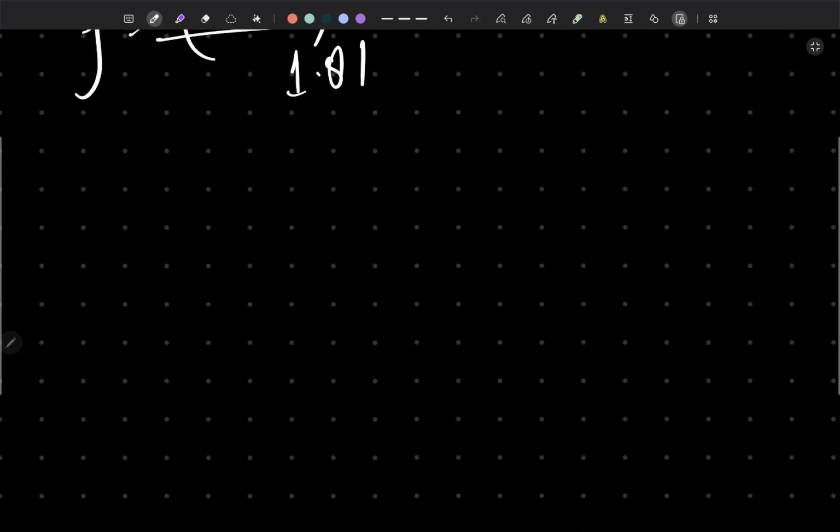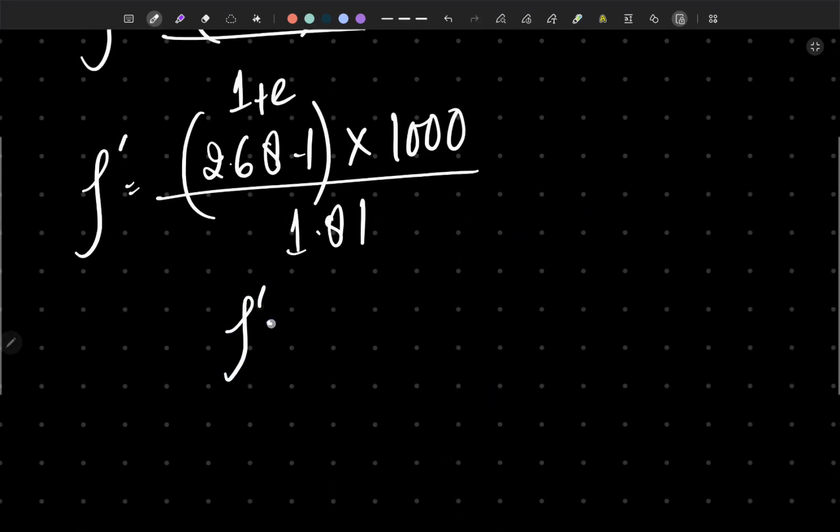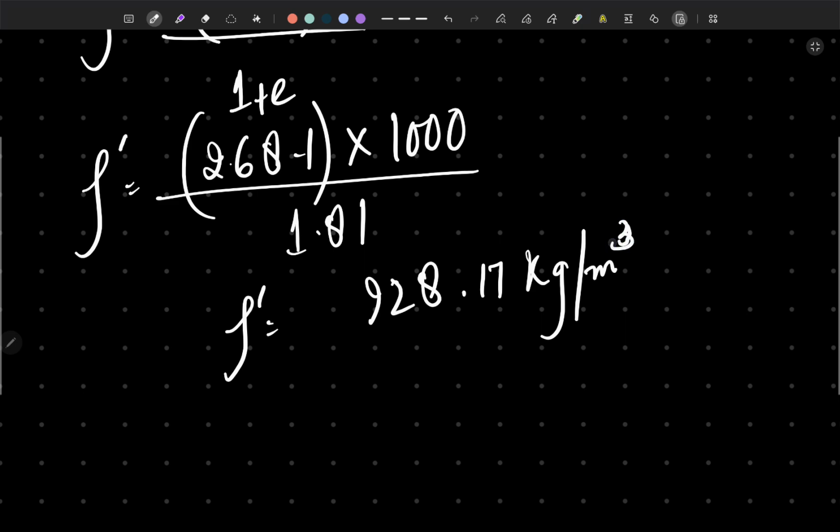Upon calculations, the submerged density is equal to 928.17 kgs per cubic meter. So this is done as well.